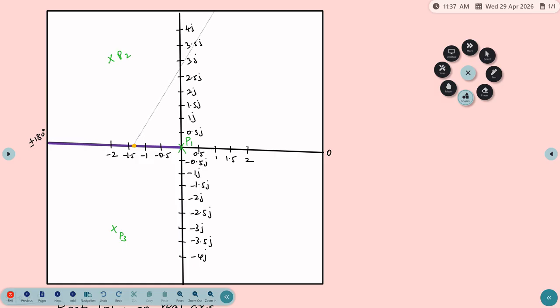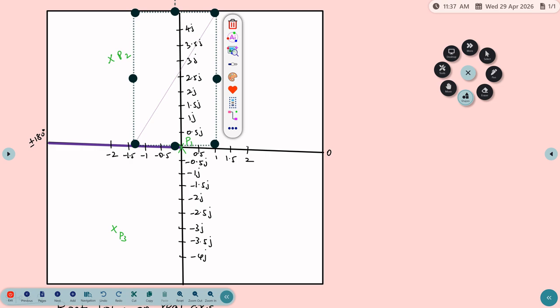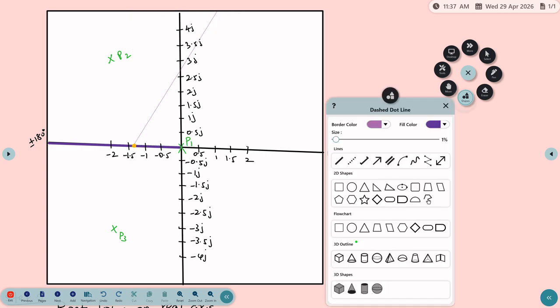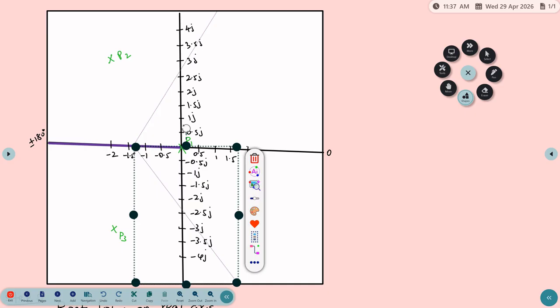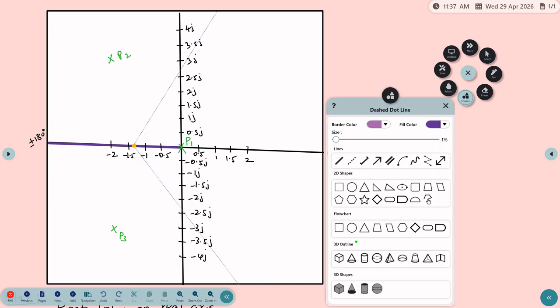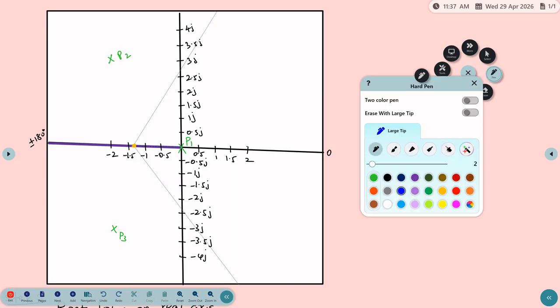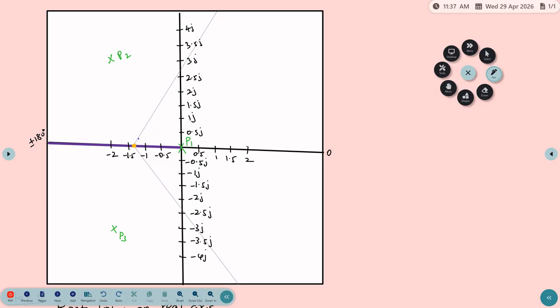Let us assume this is representing your plus 60 degree. Similarly, this is representing your minus 60 degree. Right. So this is representing plus 60 degree. This is representing minus 60 degree.